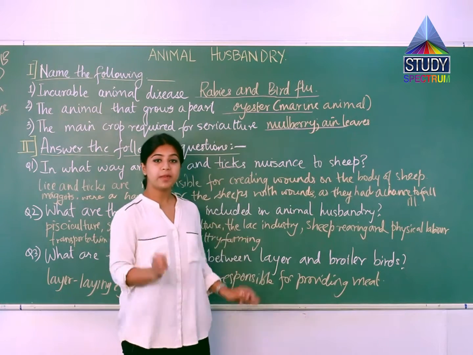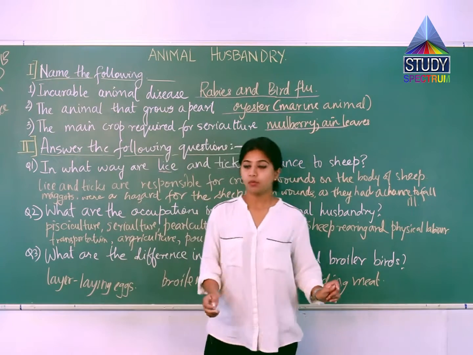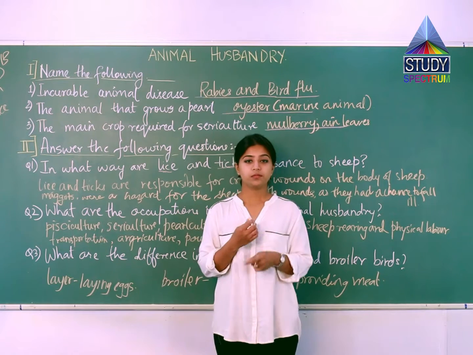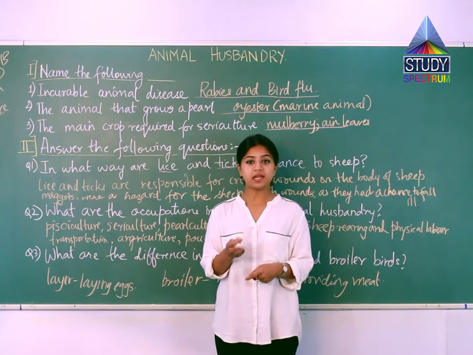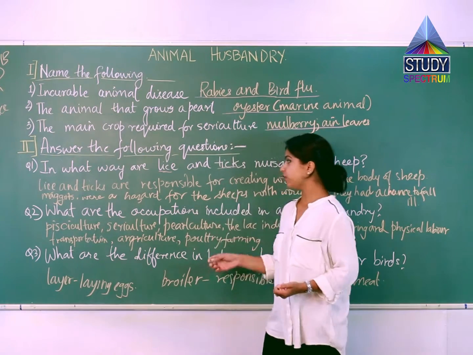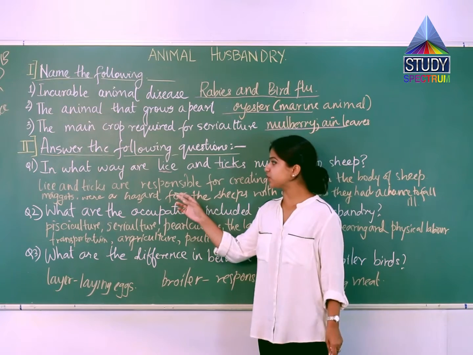So the main work is just to give meat, the broilers, while the layers have the work of laying eggs. According to that, the diet content given to each one of them is also different. We will just repeat the whole of it again in a very fast way so that you grasp it fast.